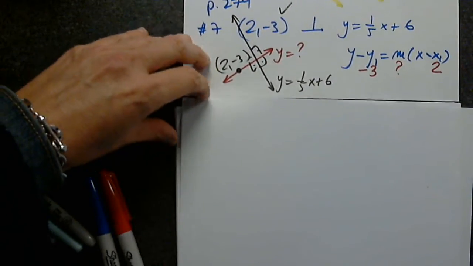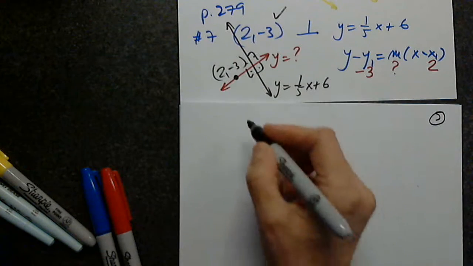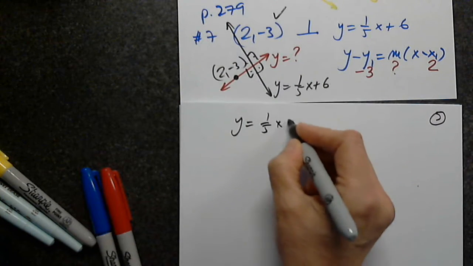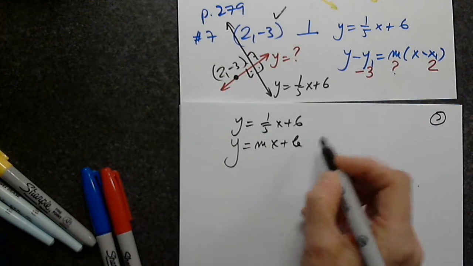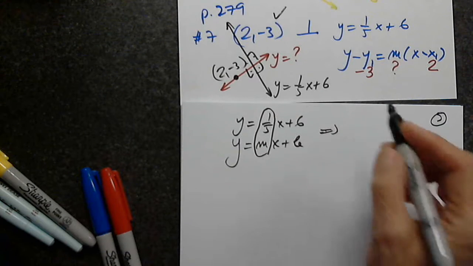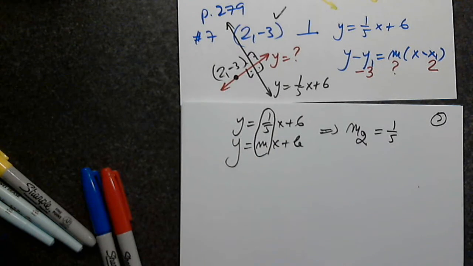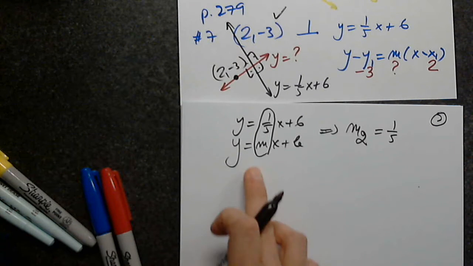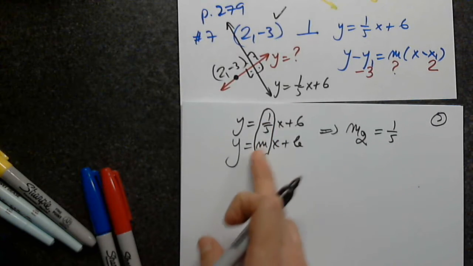We have the given equation y equals 1/5 x plus 6 to compare to mx plus b. And obviously we understand, I hope, let me know if there is any problem, that the slope of the second line is 1/5. Do you agree? This is the number in front of x.